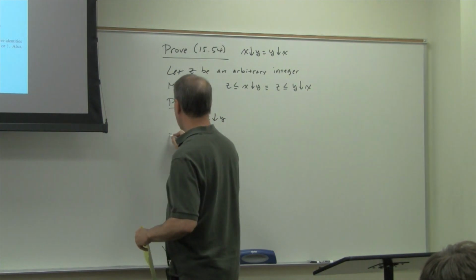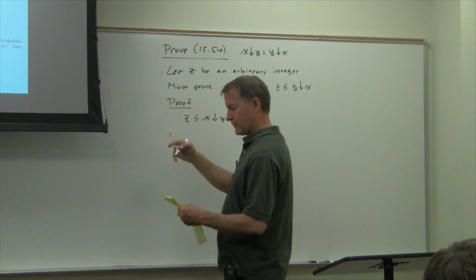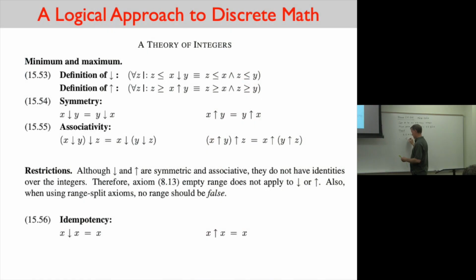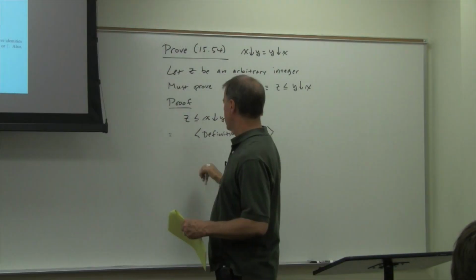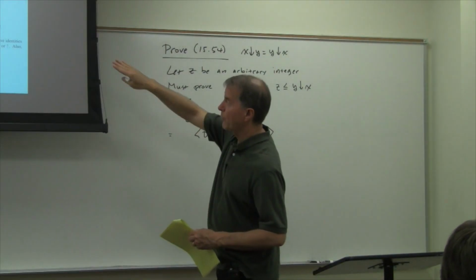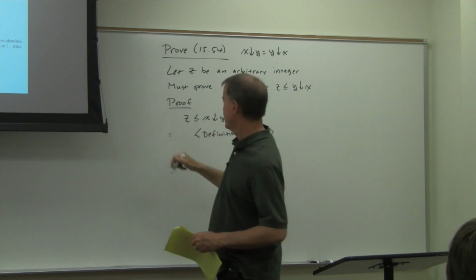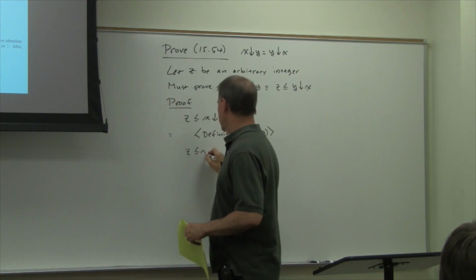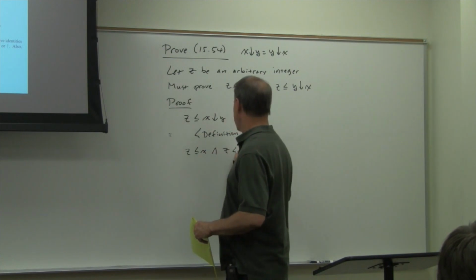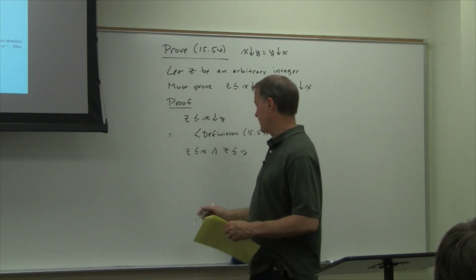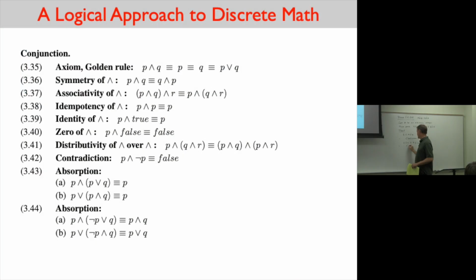And now we say this equals, by definition 15.53, for all z, z is less than or equal to x, and z is less than or equal to y. And then this equals by what? By symmetry of and.